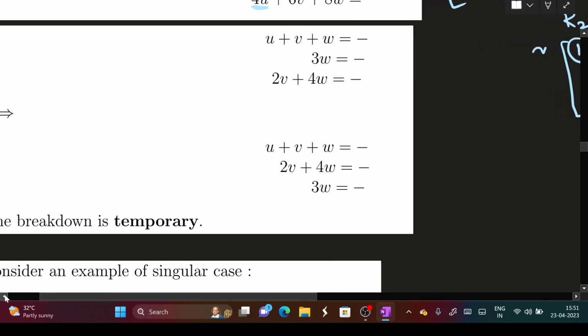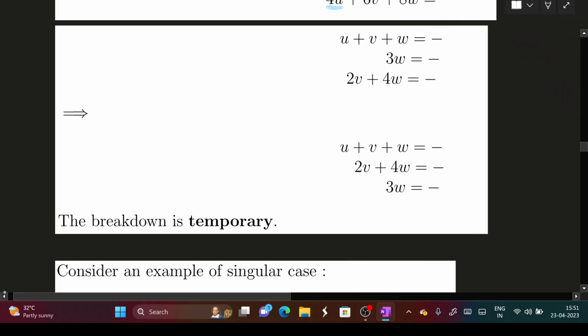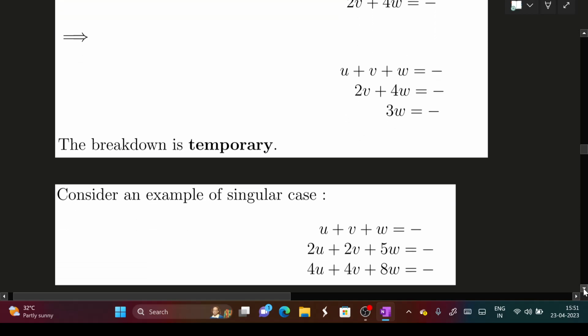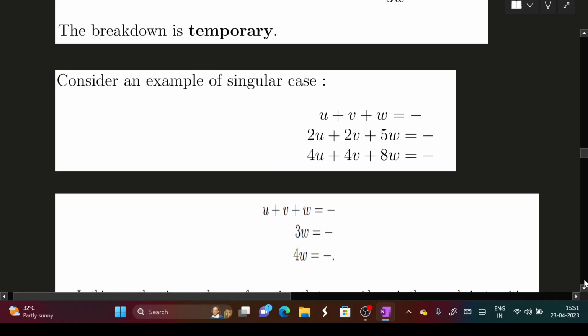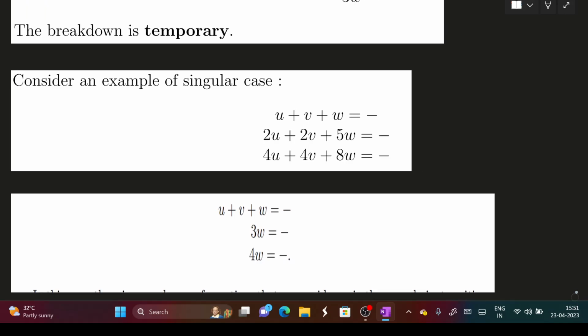So here the same thing is written in terms of equation format, but there we have done it in terms of augmented matrix and coefficient matrix format. Now here what will happen? In this equation, observe what happens. 1, 1, 1, 2, 2, 5, 4, 4, 8.